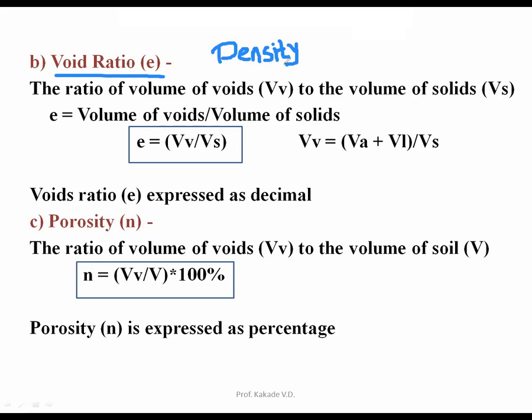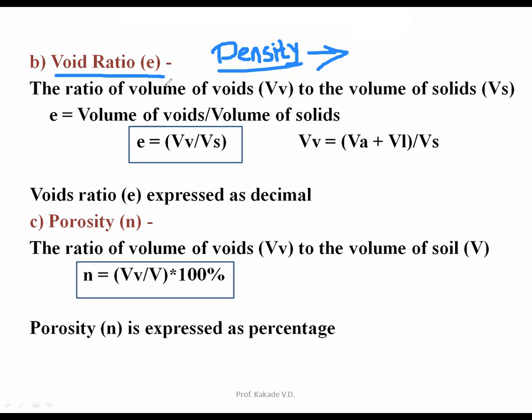Density is important when we are using soil as a bearing layer, when there is an embankment, a pavement, or a subgrade of a pavement or a railway. When we are preparing a subgrade, the void ratio is important. The void ratio is the ratio of the volume of voids to the volume of solids.